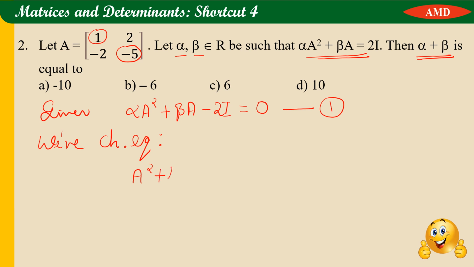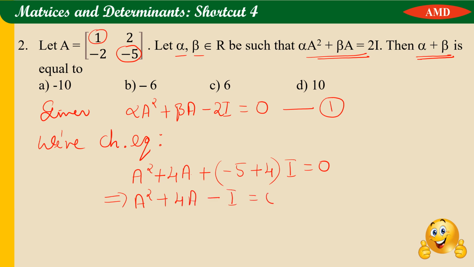That makes it plus 4 into A plus determinant of A is minus 5 minus of minus 4 becomes plus 4 into I is equal to 0, and this we can further simplify and write it as A square plus 4A minus I is equal to 0.